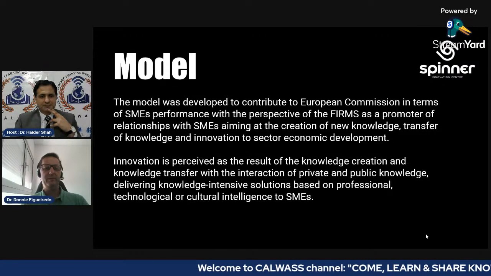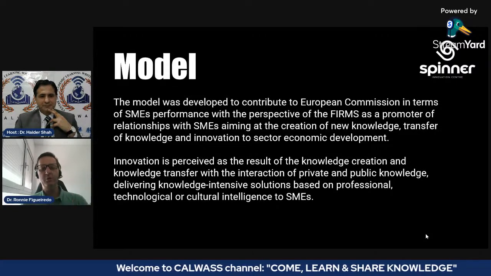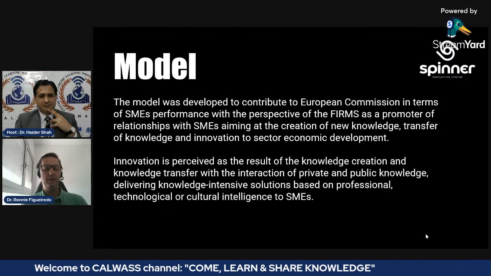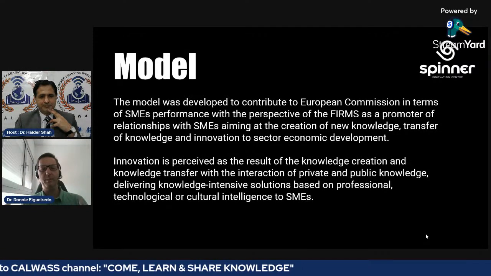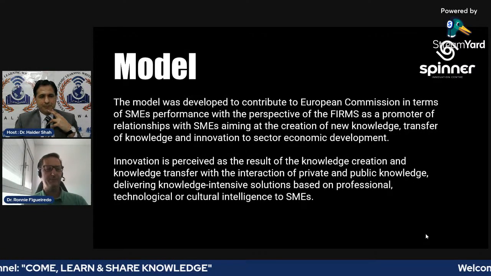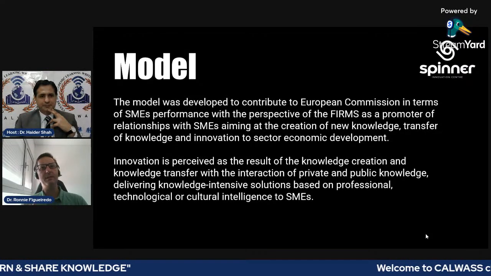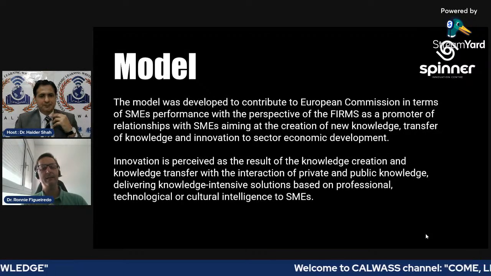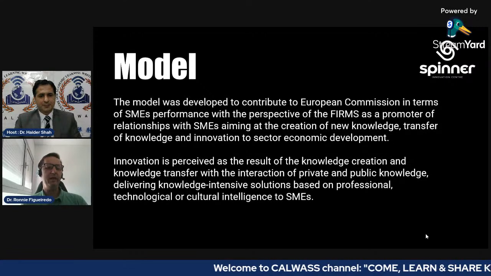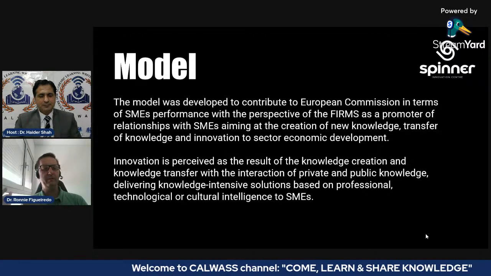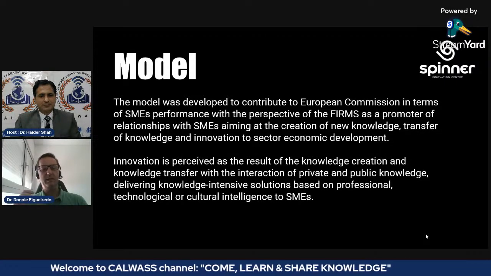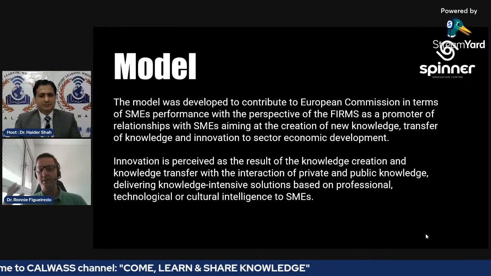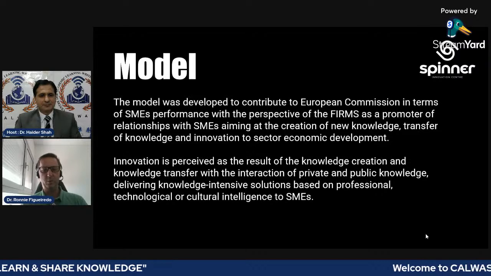In terms of the knowledge that you bring to the model, when you apply it, you have public knowledge and private knowledge. Public knowledge is all the knowledge available on the market in the innovation ecosystem: stakeholders, partners, other firms, research centers, universities, and so on.